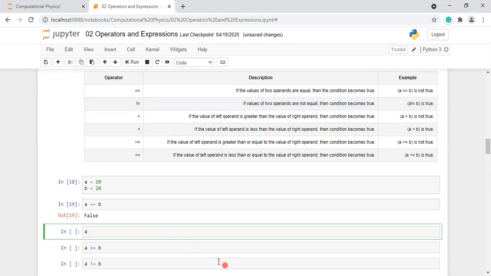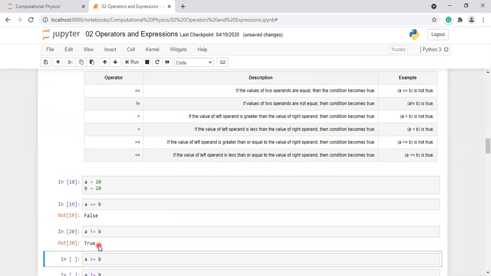A exclamation mark equal to B. When I run this, what will be the output? True or false? True. A is 10, B is 20. They are not equal, so the output will be true.